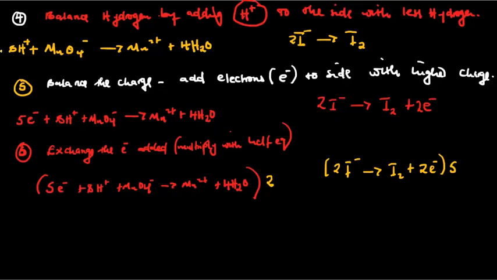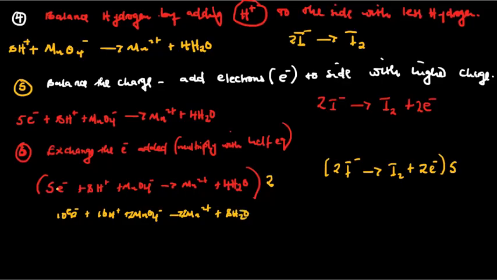So this one will give us 10 electrons plus 16 H plus 2 MnO4 minus, producing 2 Mn2 plus 8 water.